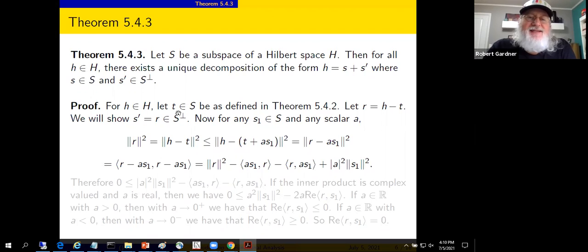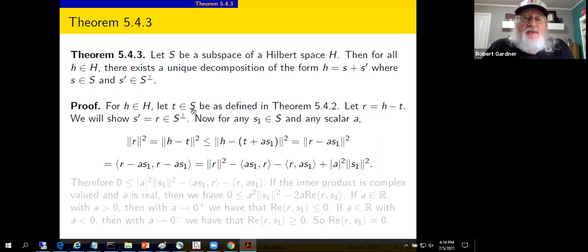So this is the vector in S such that the norm of H minus T was minimal over all elements of subspace S. So that's how we define that. So we've picked this T that's really the vector in subspace S nearest to H. We'll define R to be H minus T. Rearranging this, we get H equals R plus T.